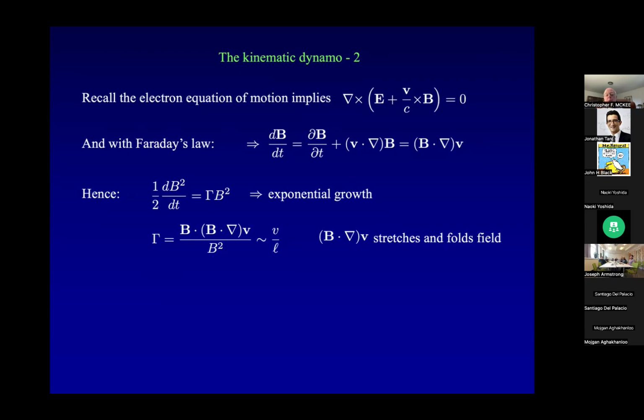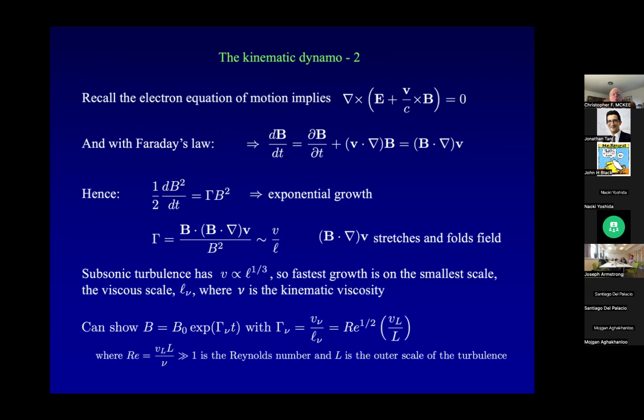As I've just described, B dot del V both stretches and folds the magnetic field. Since subsonic turbulence has a velocity that goes like size scale to the 1/3, the fastest growth is on the smallest scale, the viscous scale L sub nu, where nu is the kinematic viscosity.